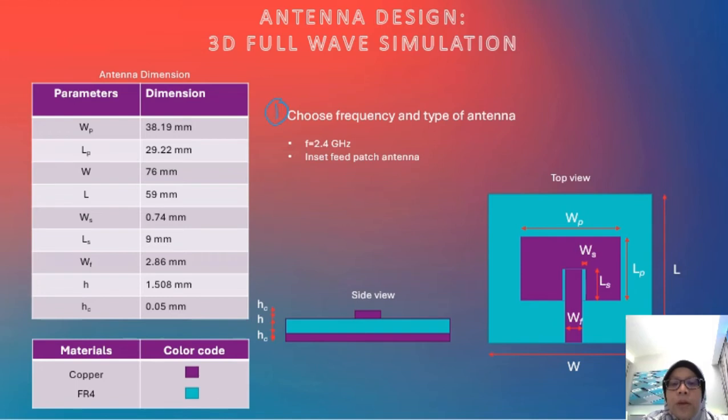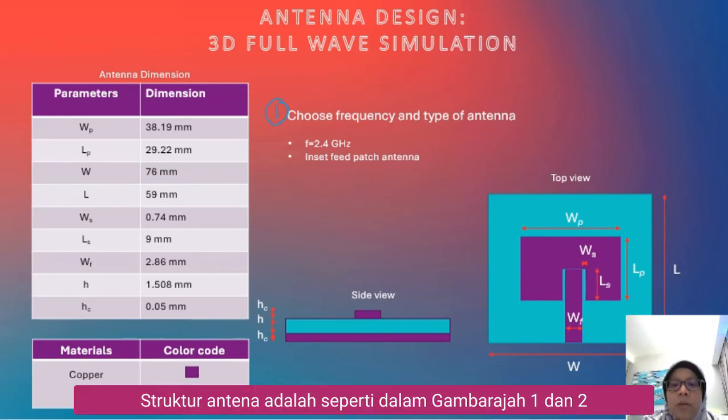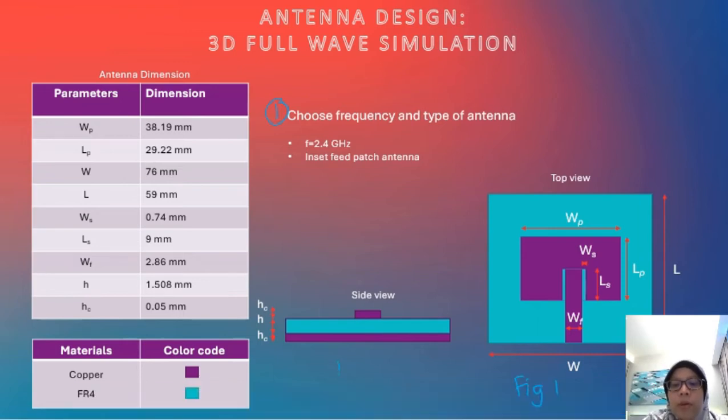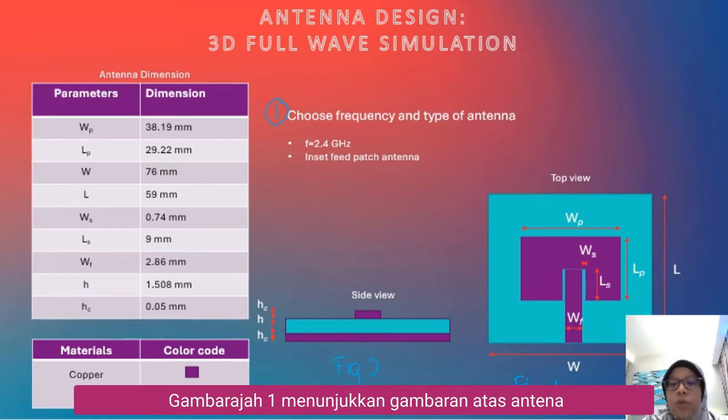So the diagram or the structure of this inset feed patch antenna is shown in figure 1 and figure 2. Okay, figure 1 shows the top view of the inset feed patch antenna, and figure 2 shows the side view of this inset feed patch antenna.